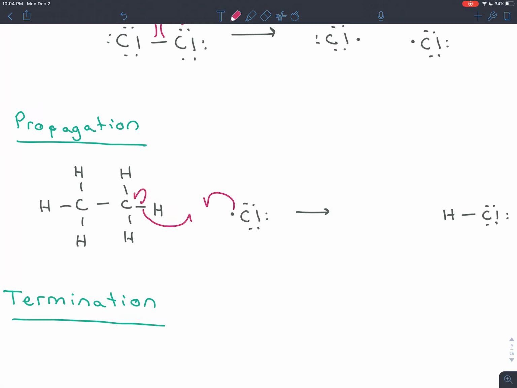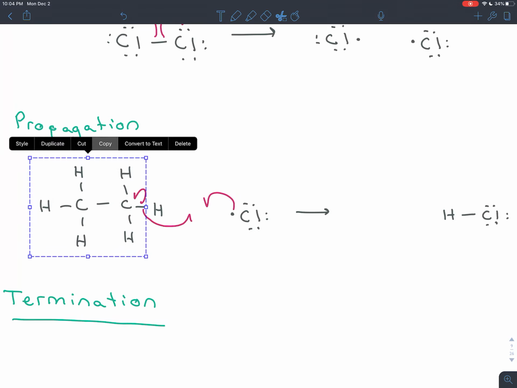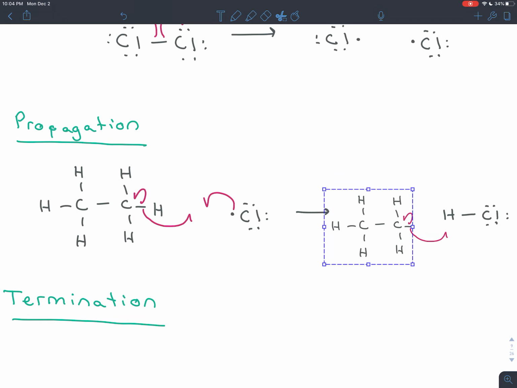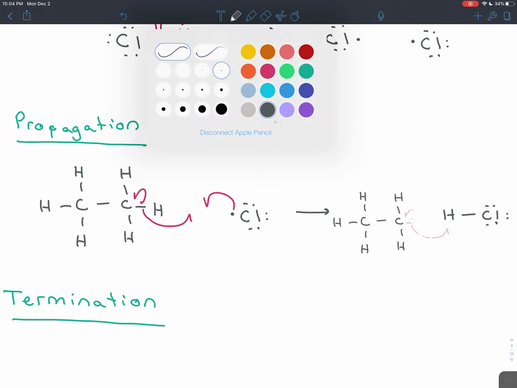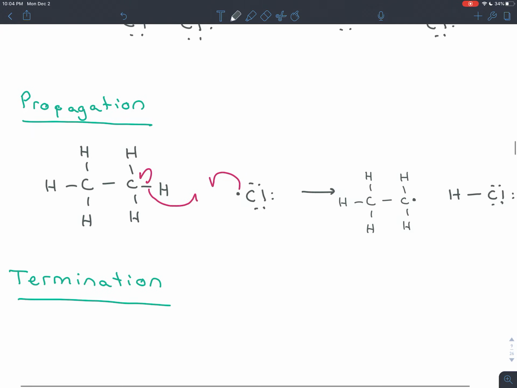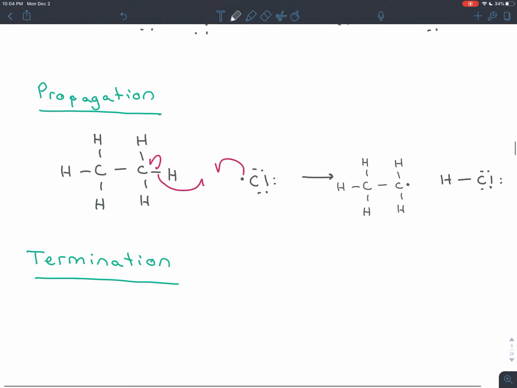The other one, we would use a curved arrow to show, snaps back onto the carbon of ethane. And so we propagate the radical. We create a new radical, and it's formed on that carbon.